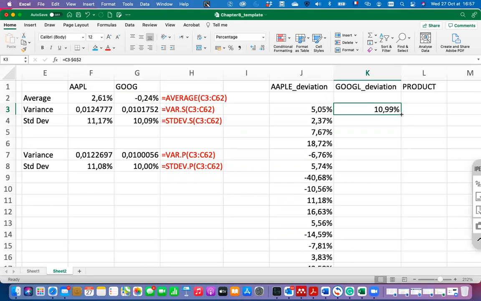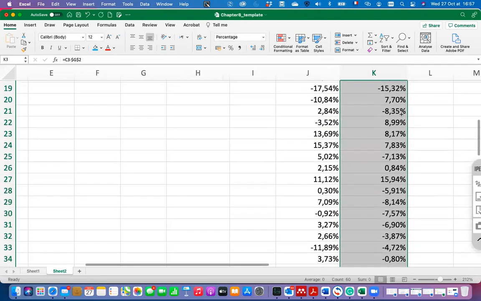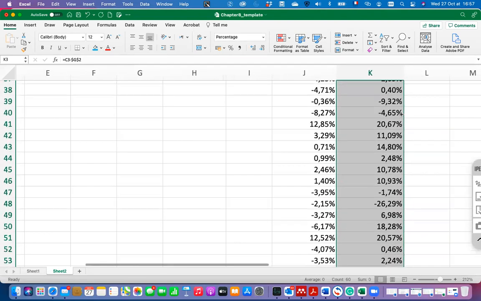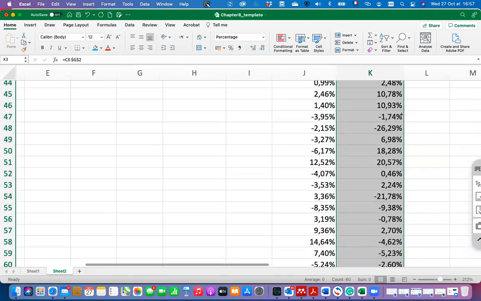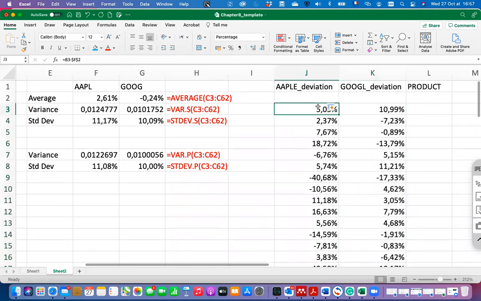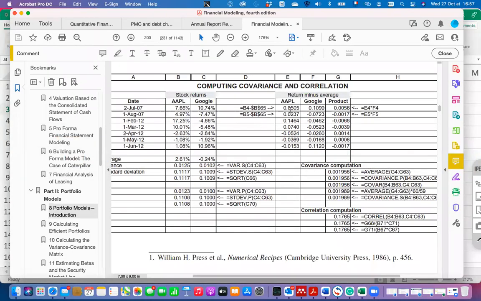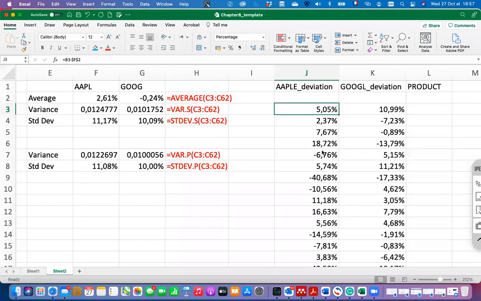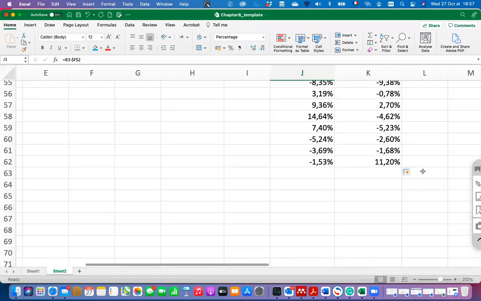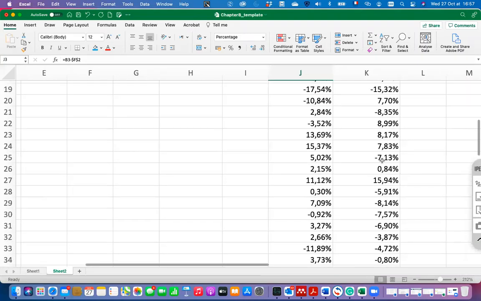See, same thing here: 5.05, 10.99. The last ones are minus 1.53% and 11.2%. See? So we have the right results here.